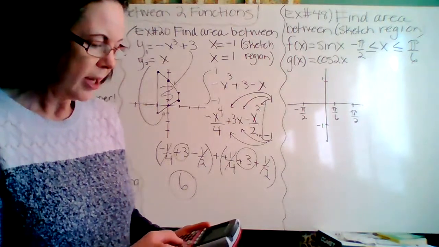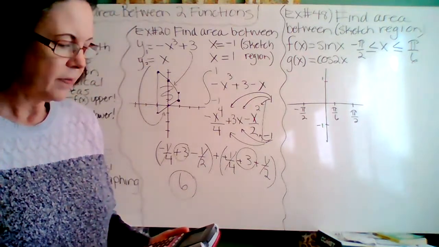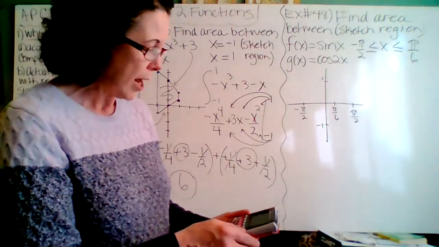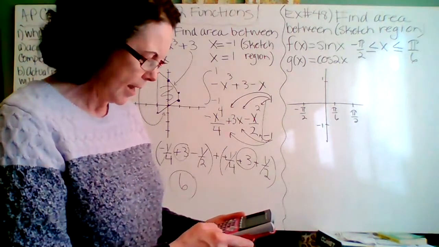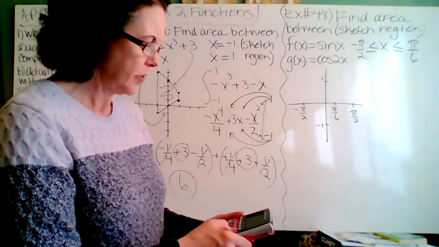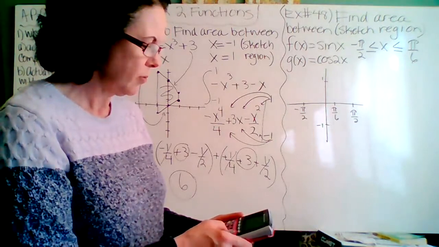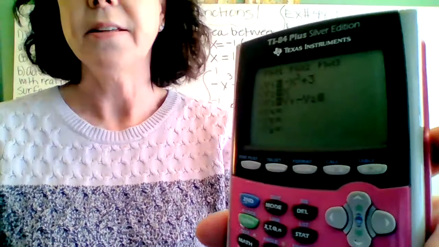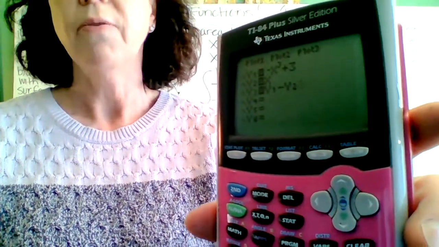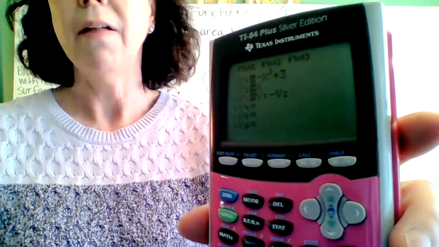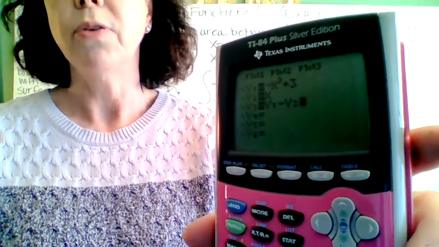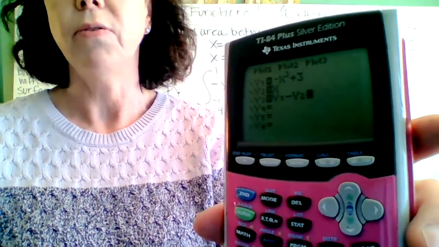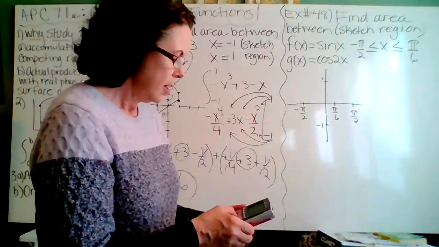So I'm on a Y3, I hit variables, Y variables, function, and I'm putting in Y1 minus Y2. Variables, Y variables, function, picking Y2. There we go. All right, now I'm going to de-highlight the equal sign on Y1 and Y2 so it doesn't graph them and it only graphs Y3.